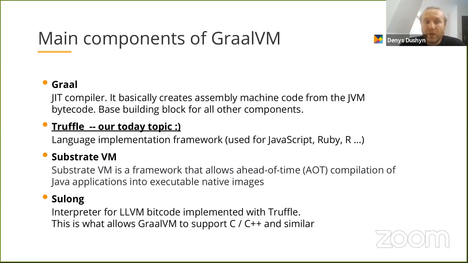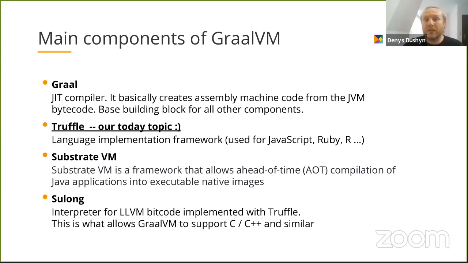And the next big component is Substrate VM. It's a framework that allows ahead-of-time compilation of Java applications into executable native images. And the last big component is Sulong. It's an interpreter for LLVM bytecode implemented with Truffle. It's one of the interpreters that is implemented with the help of the Truffle framework.